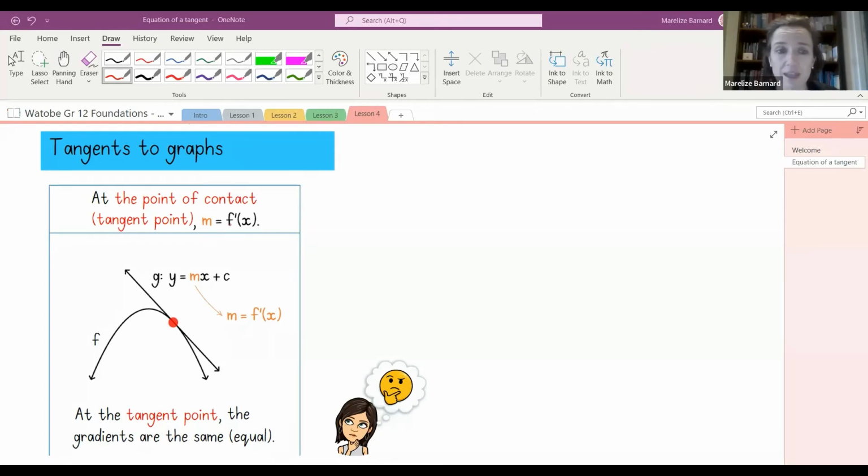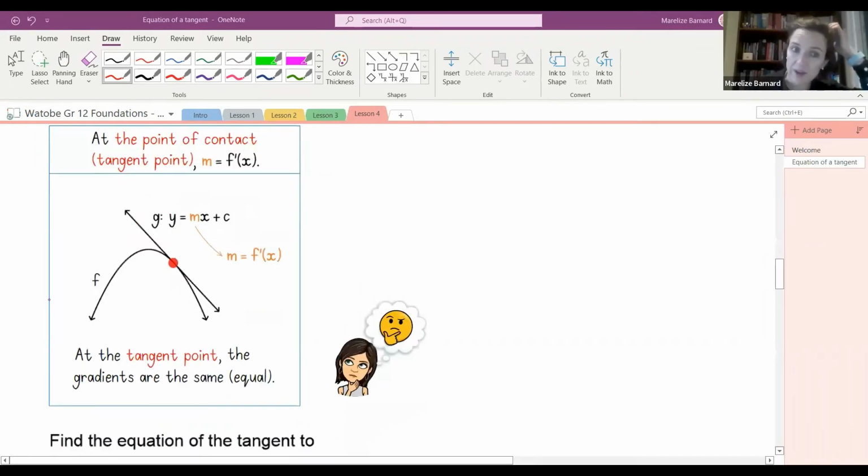The derivative we get by differentiating, and at the tangent point, the gradients are the same. So the gradient of the straight line is the same as the derivative at the point of contact.